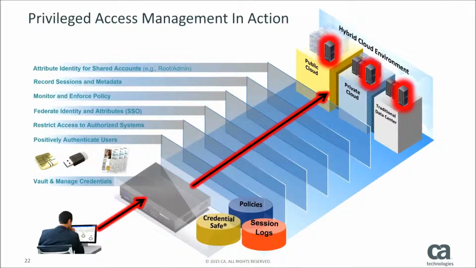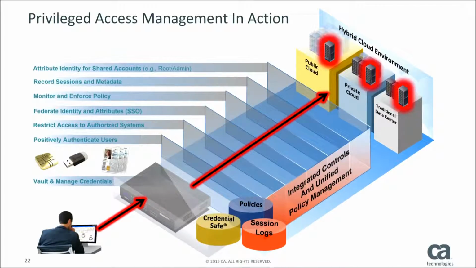And then you need to know that David executed something under the root account. So you need to attribute identities for shared accounts, and you need to trace it back to the original user, using integrated controls and unified policy management so you can be operationally effective and cost sensitive.